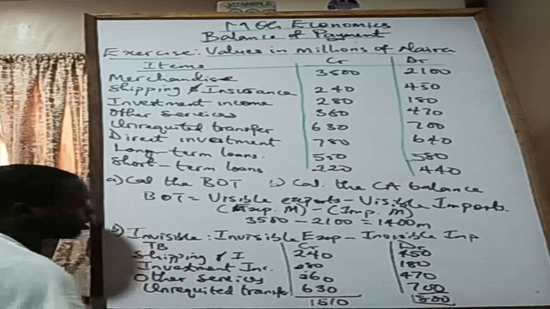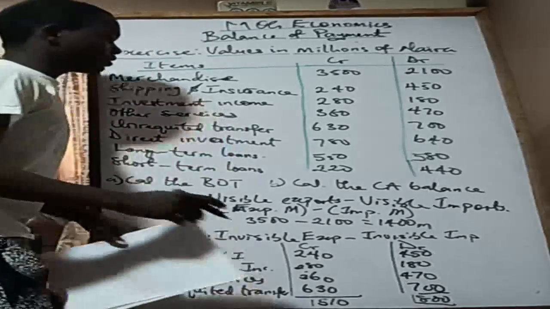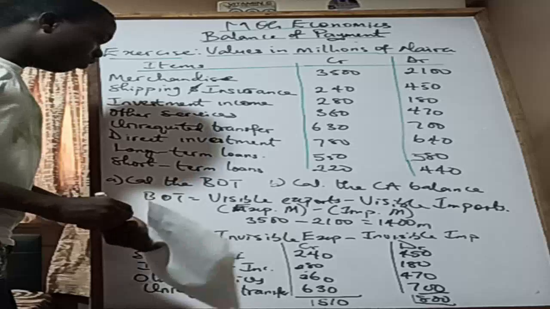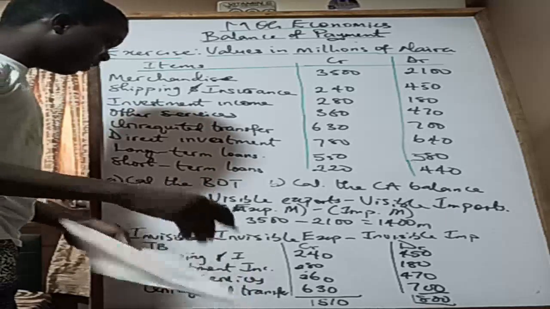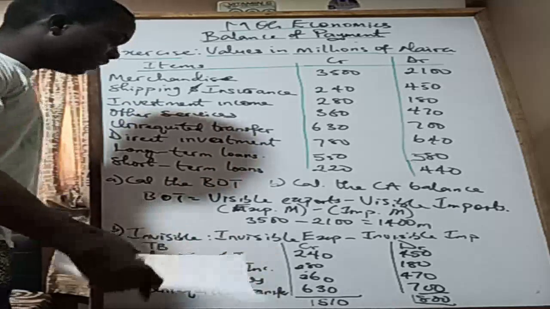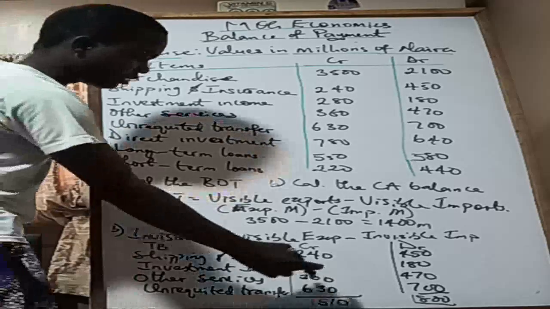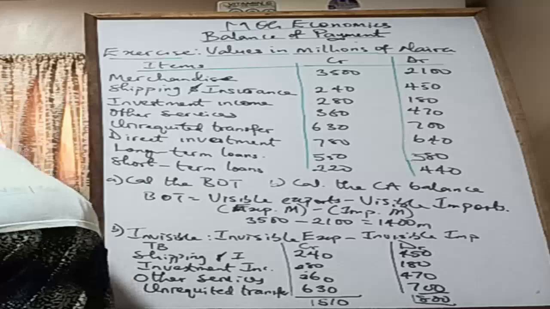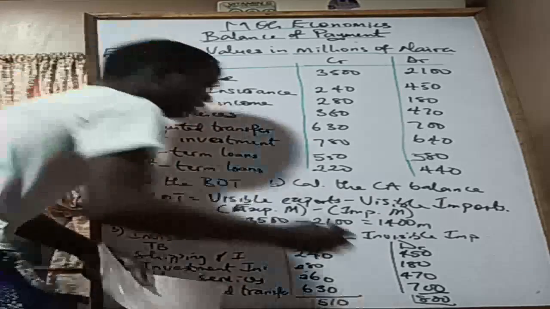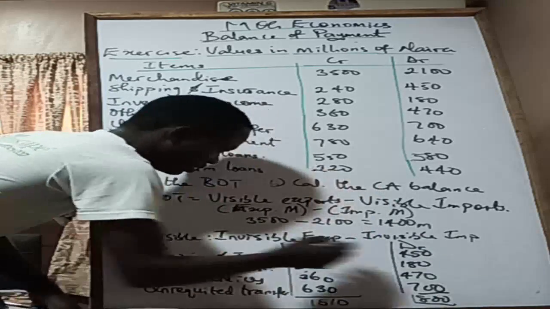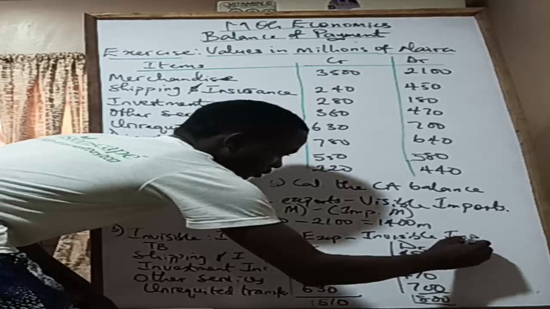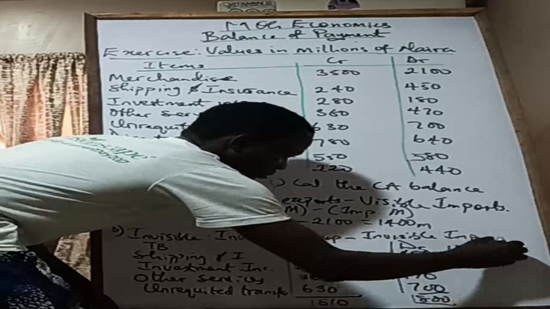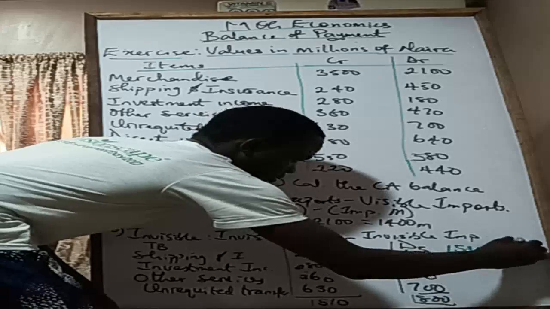So our invisible trade balance is now going to be 1510 minus 1800. Is this really correct? Yes, 1510 minus 1800.